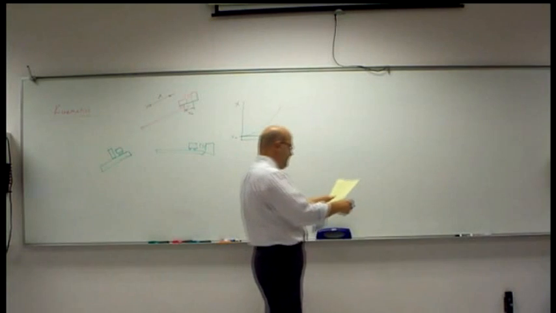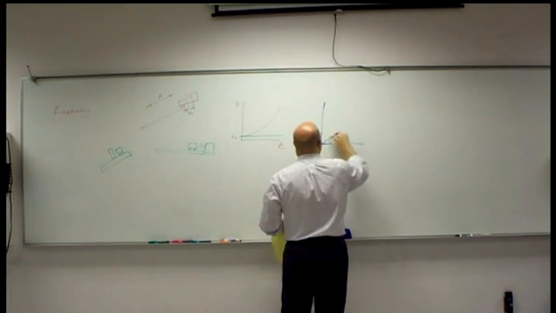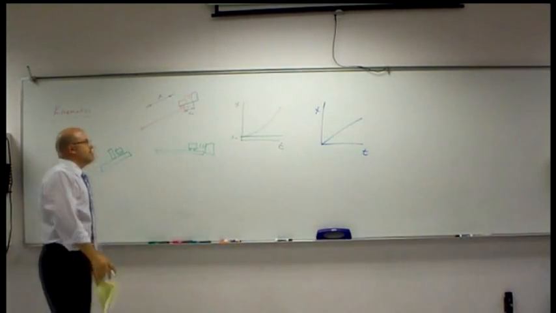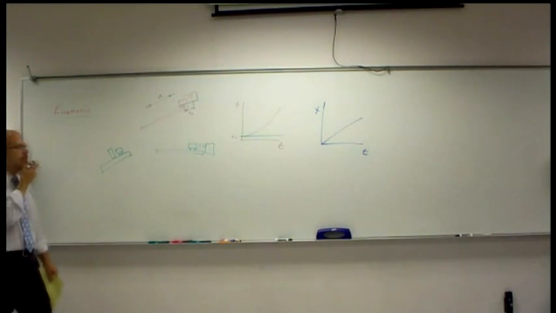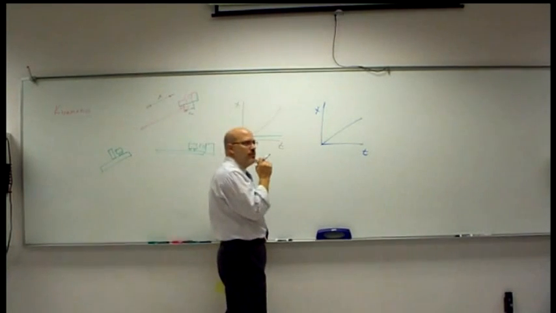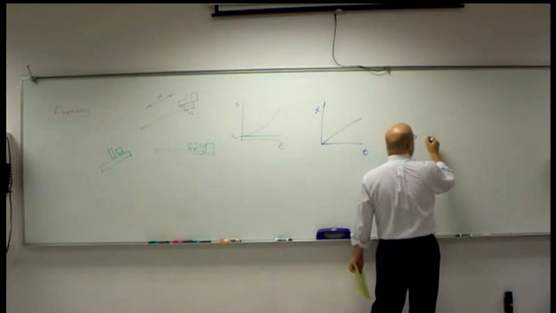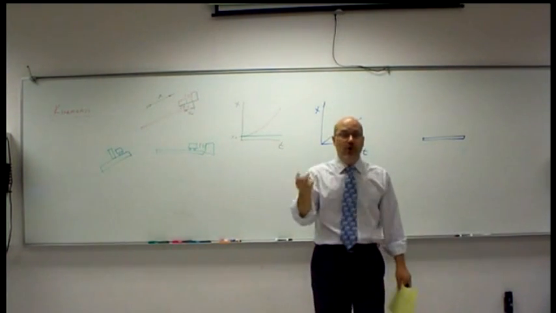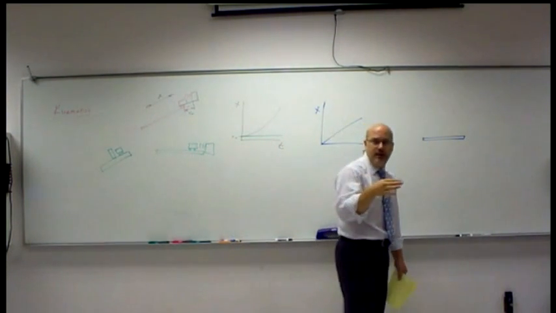All right. Okay. Well, how could we get the graph to look like this then? You just push the car. I mean, it's going to be going without friction. Okay, we're going to have to assume no friction, right? So that we can get constant velocity motion, right?